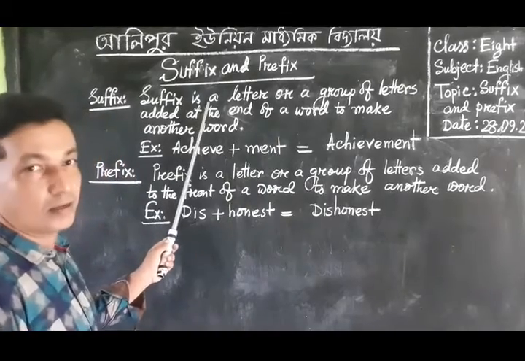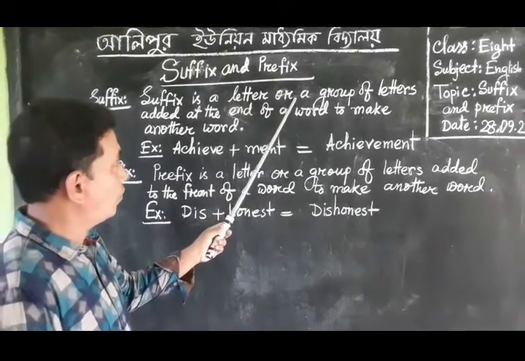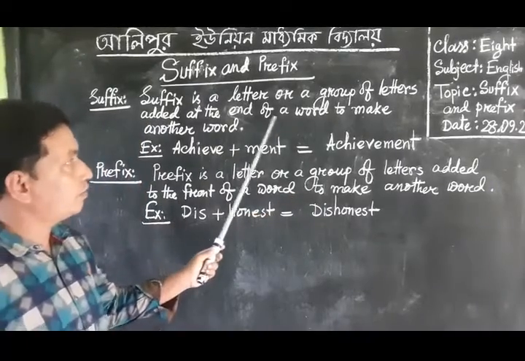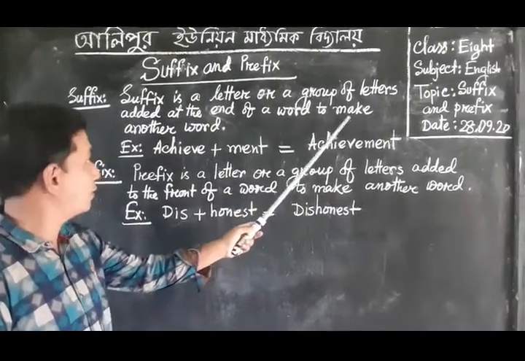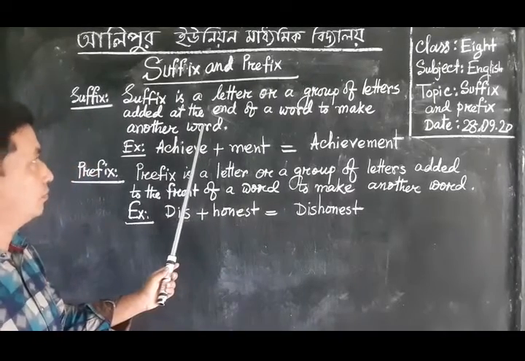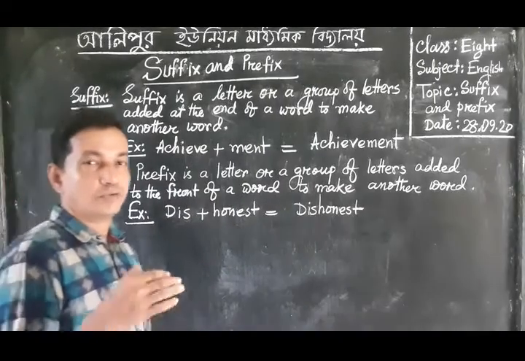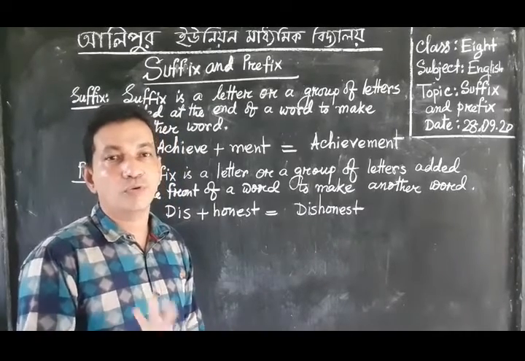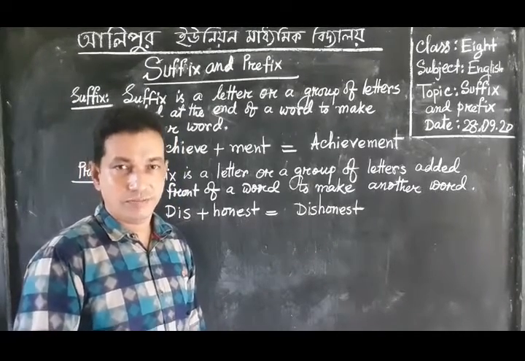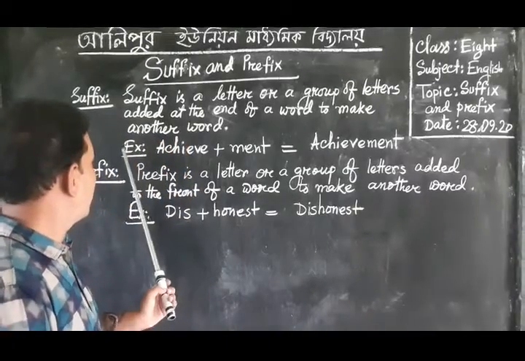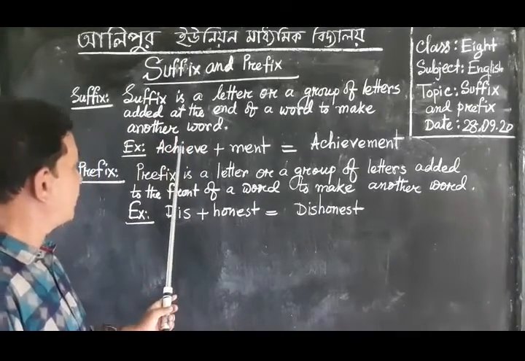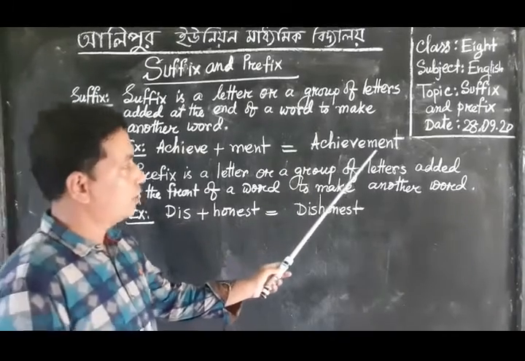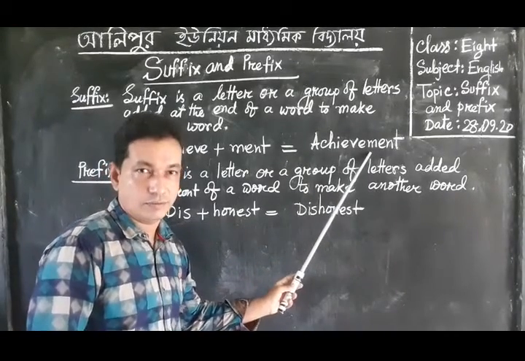Suffix is a letter or a group of letters added at the end of a word to make another word. That means suffix always sits after the word to make new words. Isn't it? Example: acid plus men is equal to acid.